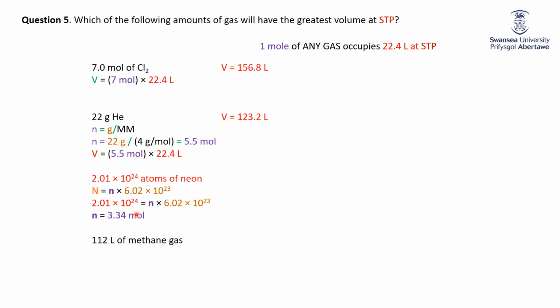And of course, 1 mole of any gas is 22.4 litres at STP, so 3.34 moles of neon at STP, 3.34 times 22.4, or in other words, 74.8 litres. And finally, 112 litres of methane gas has a volume of 112 litres. So which one has the greatest volume at STP? The 7 moles of Cl2.